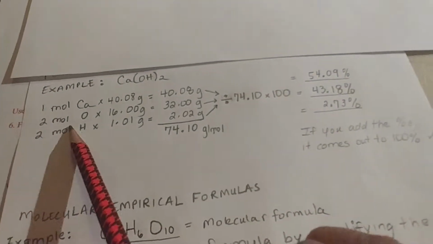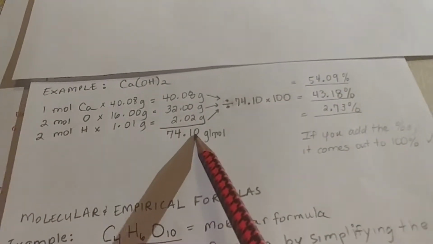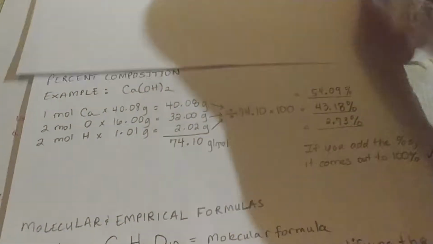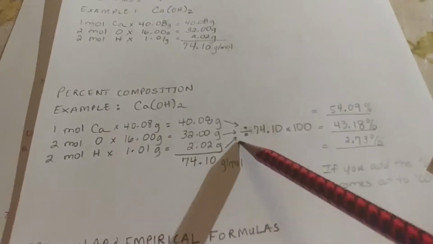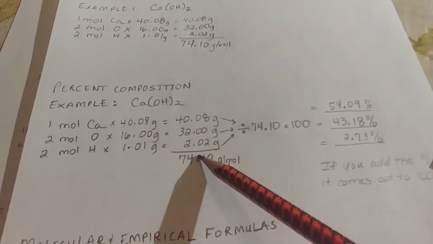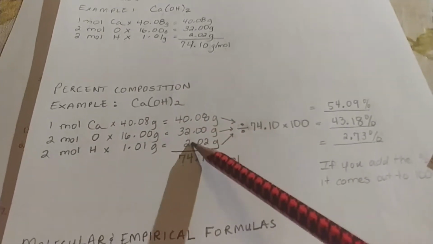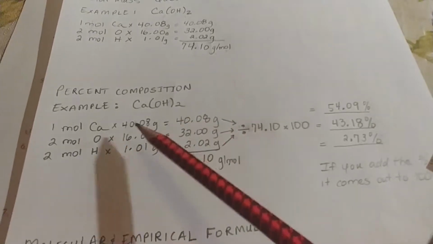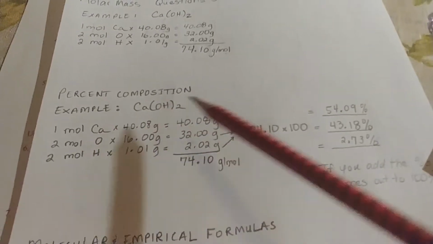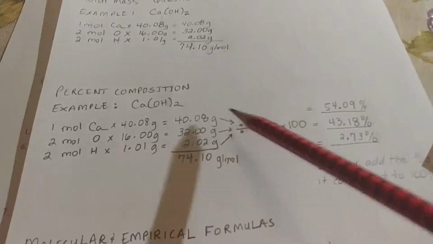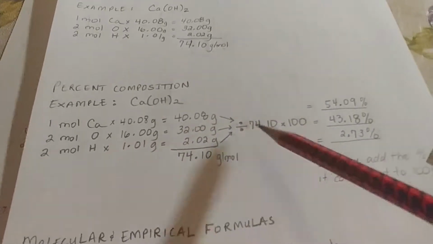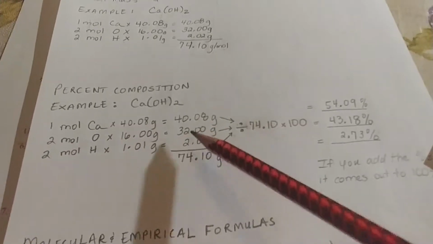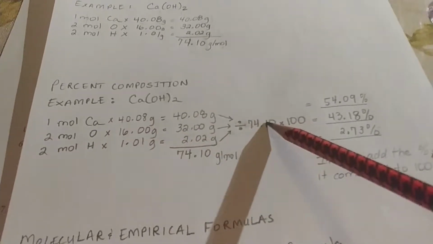If you notice, I'm doing it exactly how I did my molar mass. Notice what we did before. Same steps. But the only difference to get a percent composition is you want to know the percent of each individual element that's in that formula. So to do that, you're going to divide each individual mass by the total molar mass. So this 40.08 gets divided by 74.10.